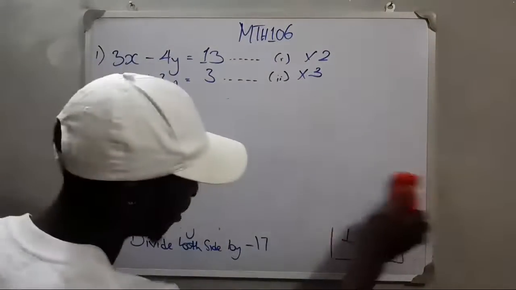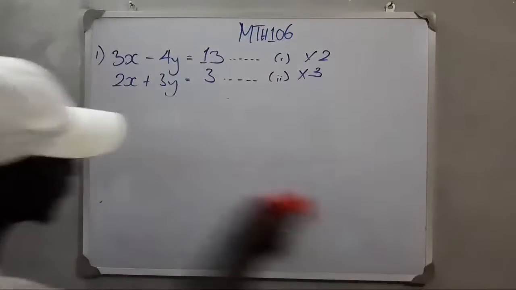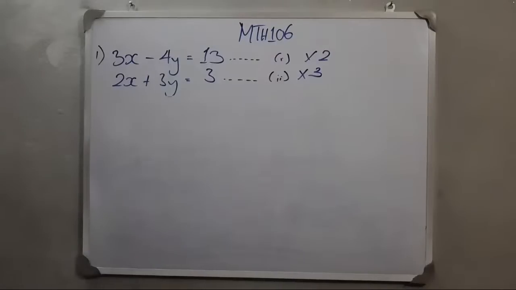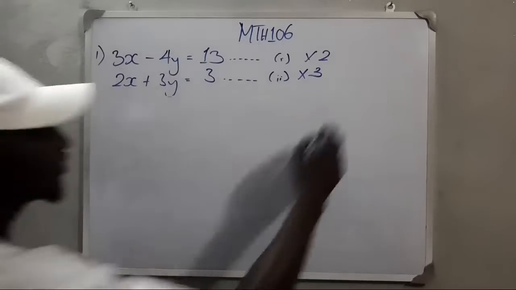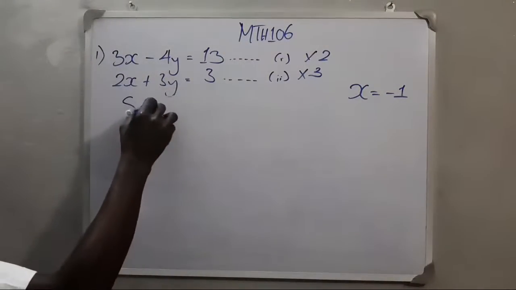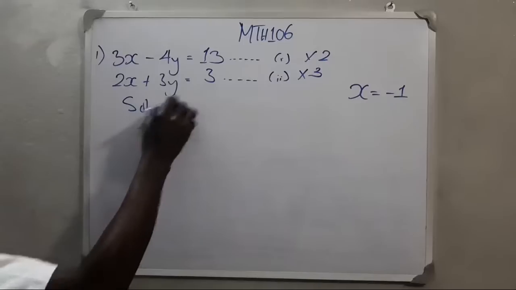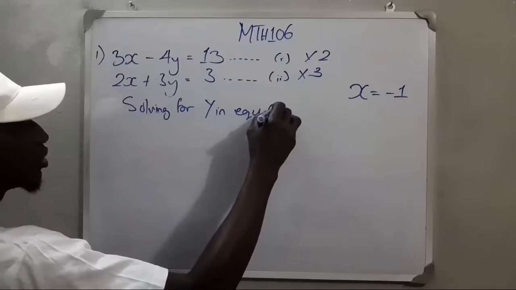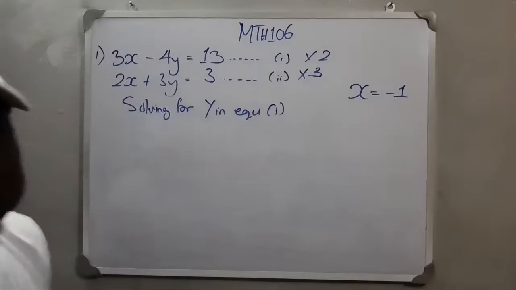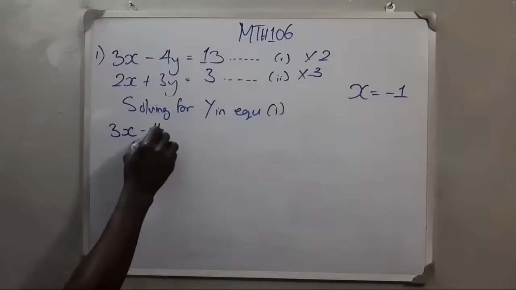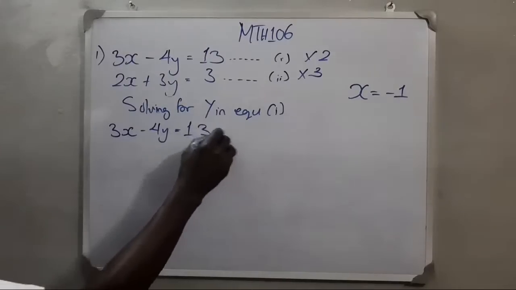Since our x is minus 1, so we have x equals minus 1. So we are solving for y in equation 1. Now equation 1 is 3x minus 4y equals 13.